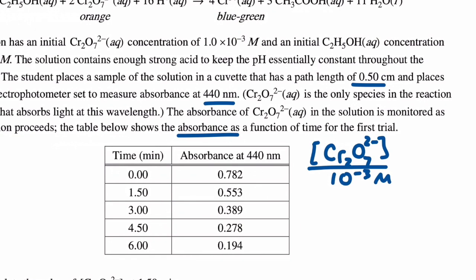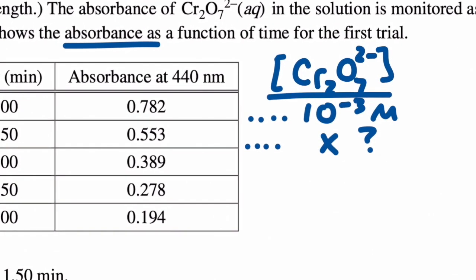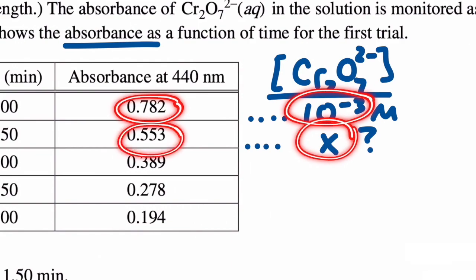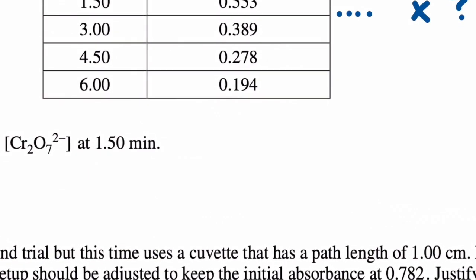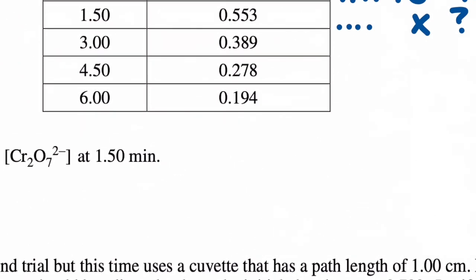And they want to know what is it at 1.5 minutes. Well, this means I need to just remember that molarity and absorbance are directly related. So the ratio of this 10⁻³ to 0.782 should be the same as whatever my unknown is to the next one, 0.553, because it's a linear relationship. So I can set up a ratio of proportions.